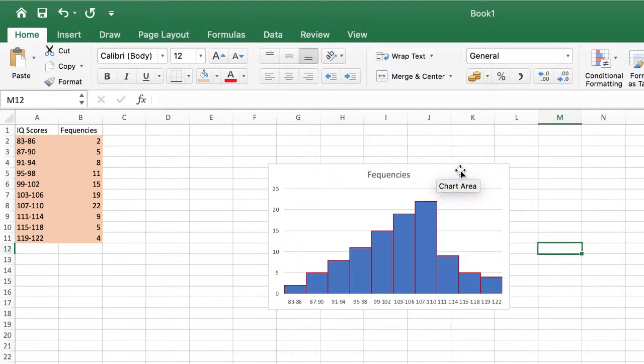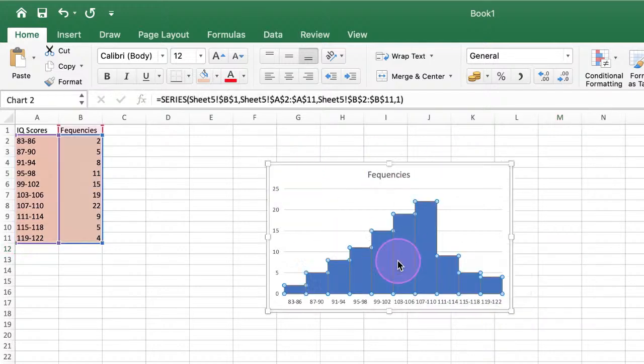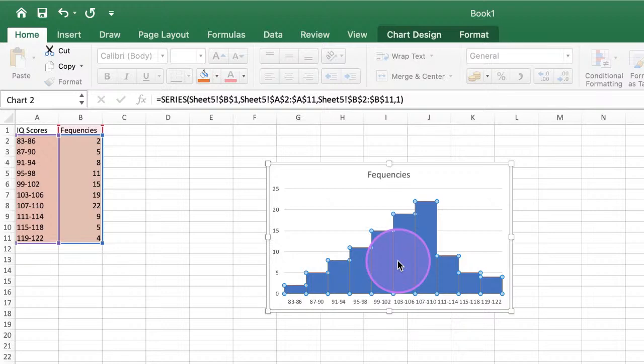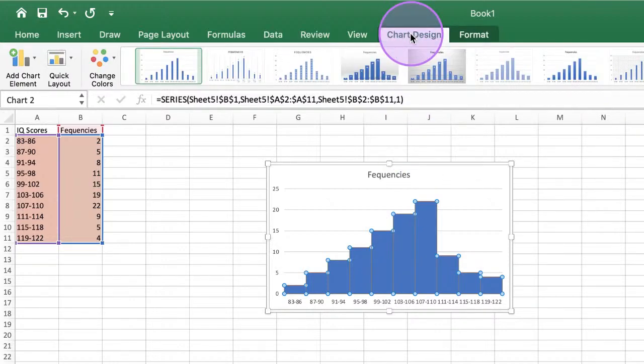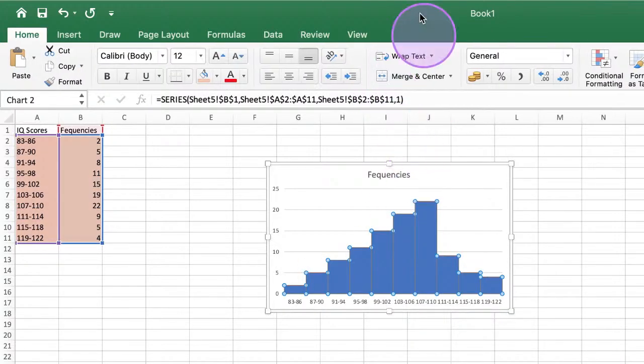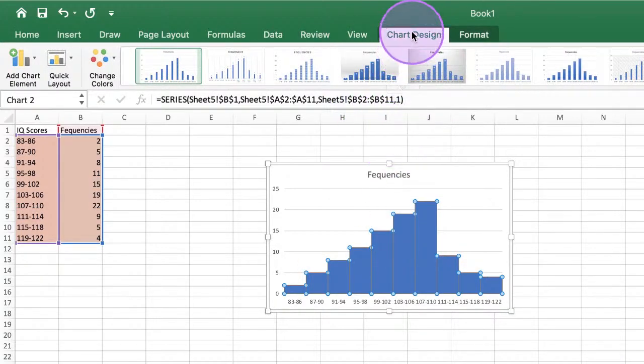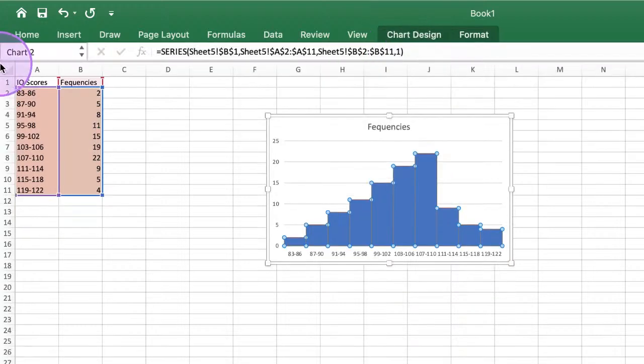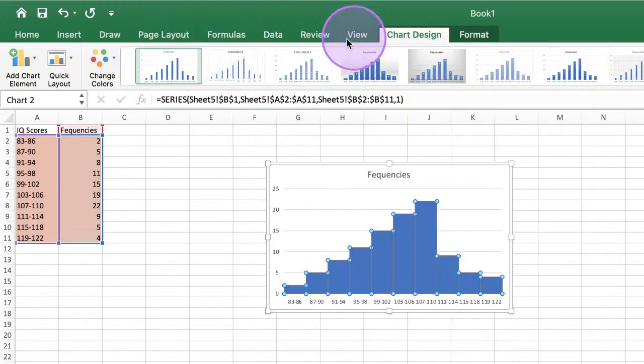Now, should you wish to add labels along your axis, just click again and go to Chart Design. Click on the first, which is Add Chart Element.